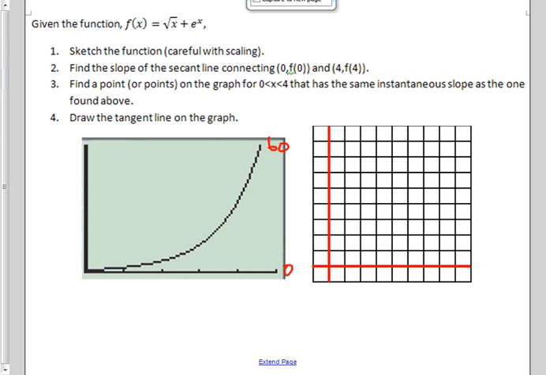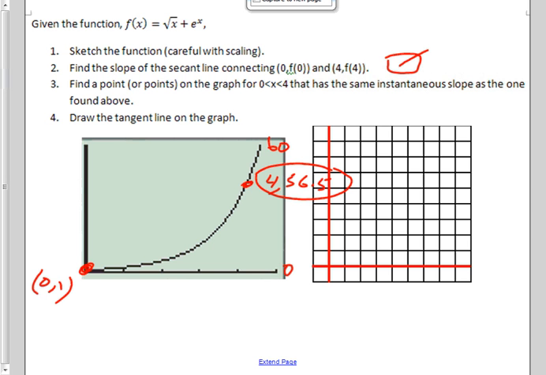So we've sketched the function. Find the slope of the secant line connecting (0, f(0)), which is the point (0, 1), and (4, f(4)), which is the point (4, 56.5).